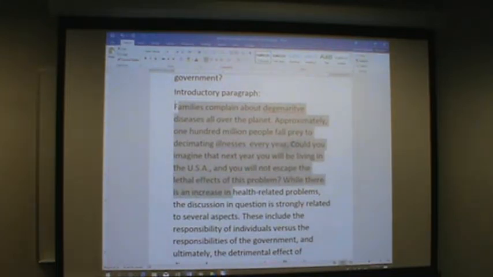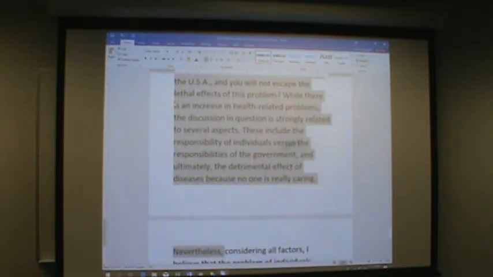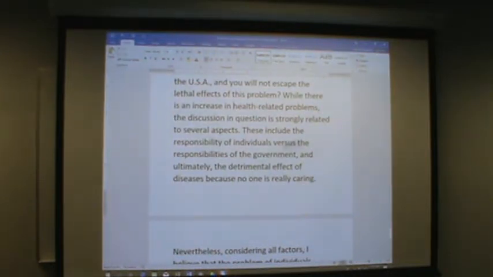While there is an increase in health-related problems, the discussion in question is strongly related to several aspects. These include the responsibility of individuals versus the responsibilities of the government, and ultimately the detrimental effect of diseases because no one is really caring.